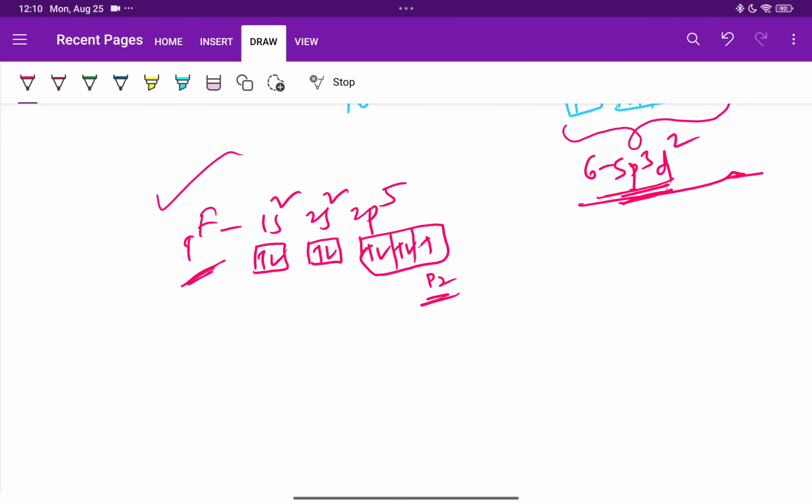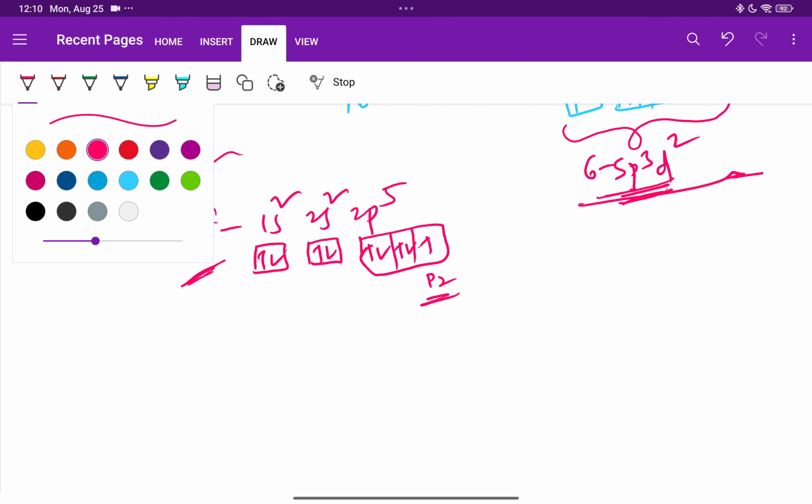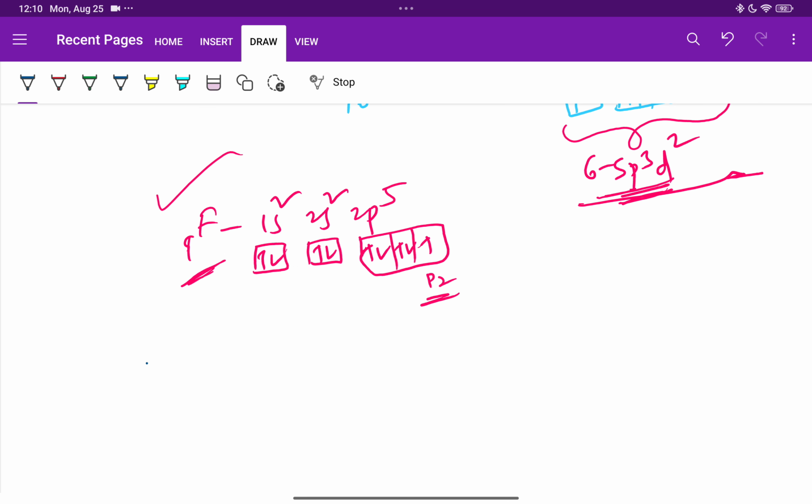So this is pz. So how the intermixing of orbitals diagram I am going to give you. So here 1 2 3 4 5 6.